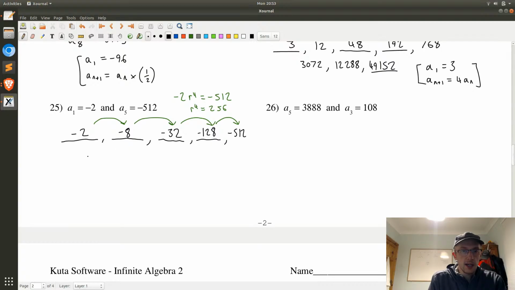But they want term 8. So I've got to multiply this by 4. Wait. Am I sure? What if r is negative 2? So I get minus plus minus plus minus. It could be. I don't know. Okay, but I'm just going to assume that it's 4 just for now.